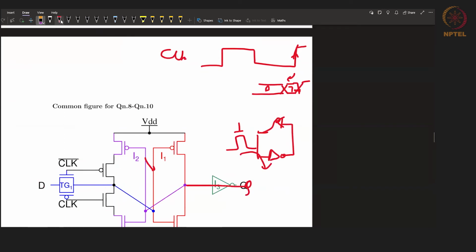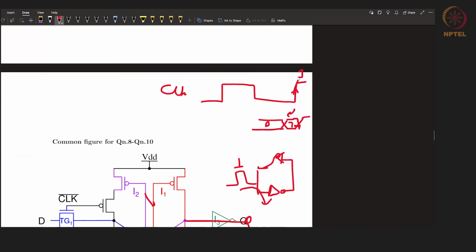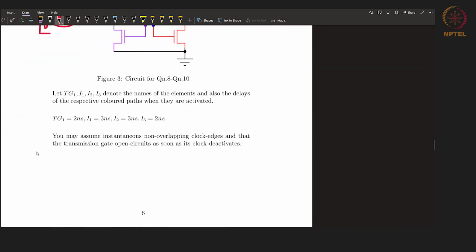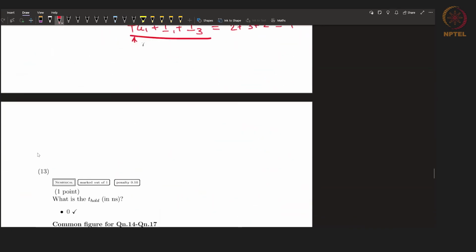As soon as the clock becomes 1, let's say you change the data from 1 to 0, nothing happens because the clock and clock bar instantaneously change, and they do not even let the value of D propagate inside. Therefore there's no hold time issue here.